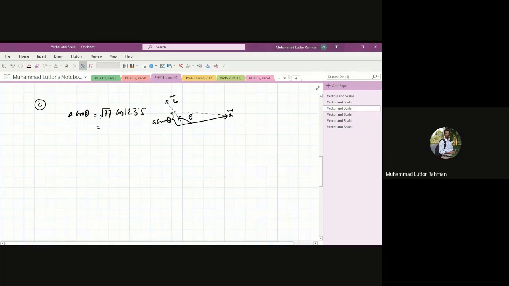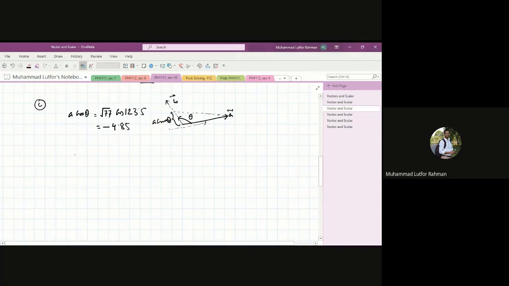If you do that, you will find this is minus, because cos of an angle greater than 90 is going to be negative. So this would be minus 4.85. It's negative, so it is towards the opposite direction. So that's why it's a minus.